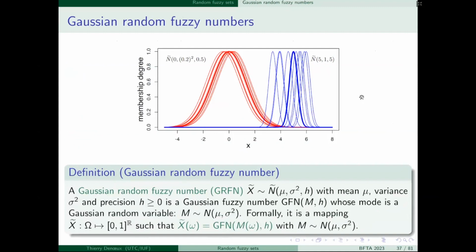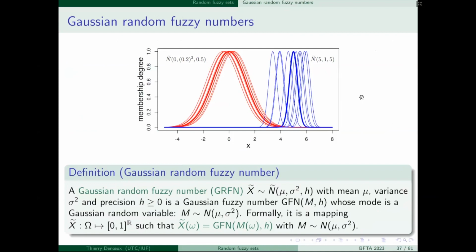So imagine that you have a Gaussian fuzzy number, but it fluctuates like this. It has some variability, so the mode becomes a Gaussian random variable with mean mu and variance sigma squared. So now we have 3 parameters: the mode, the variance, and the precision.